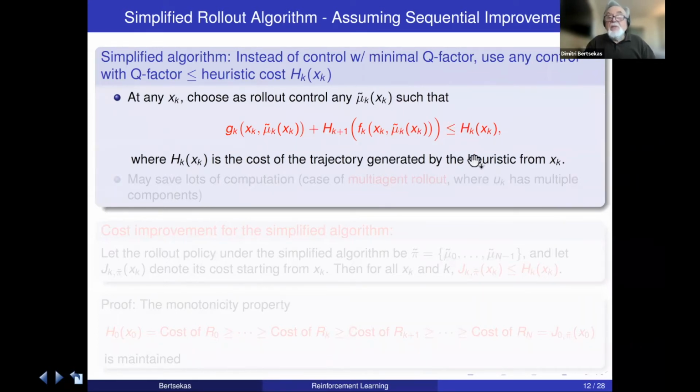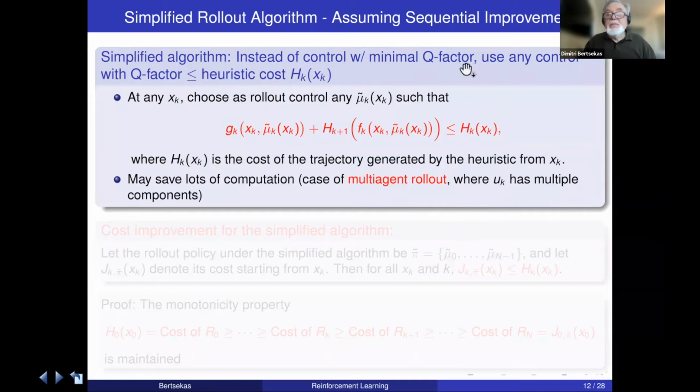Then, by the previous logic that we have, again, we generate a sequence of trajectories with decreasing costs, and we improve over the preceding trajectory. Now, the motivation for all this is that we don't have to examine all Q factors and compare them. And this may save a lot of computation.